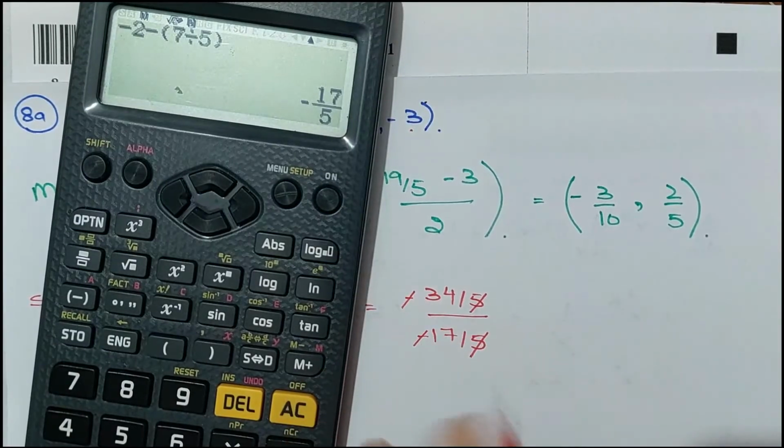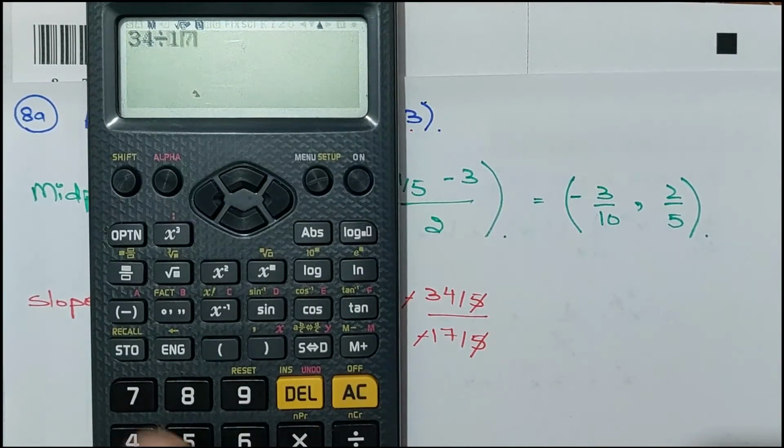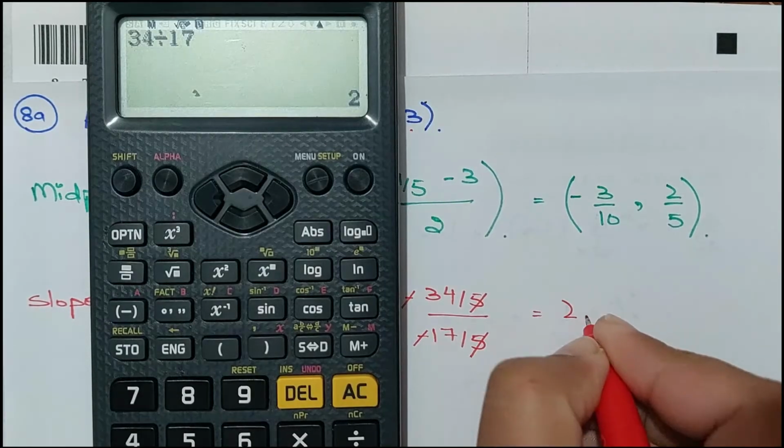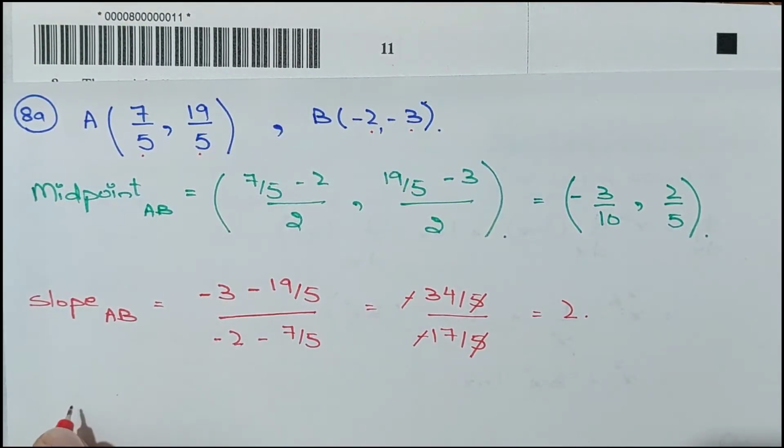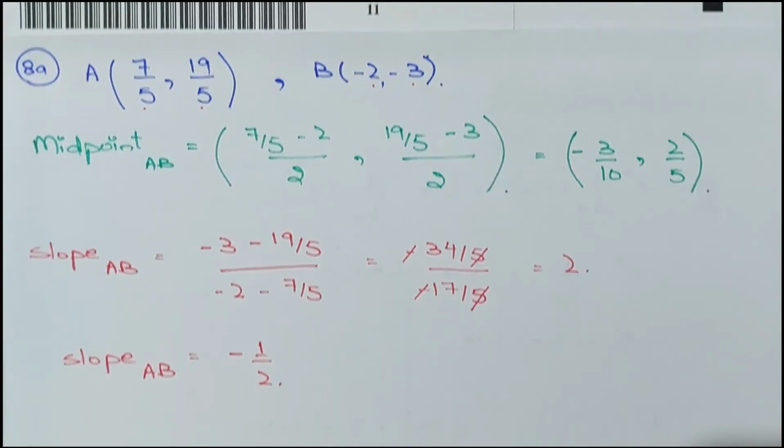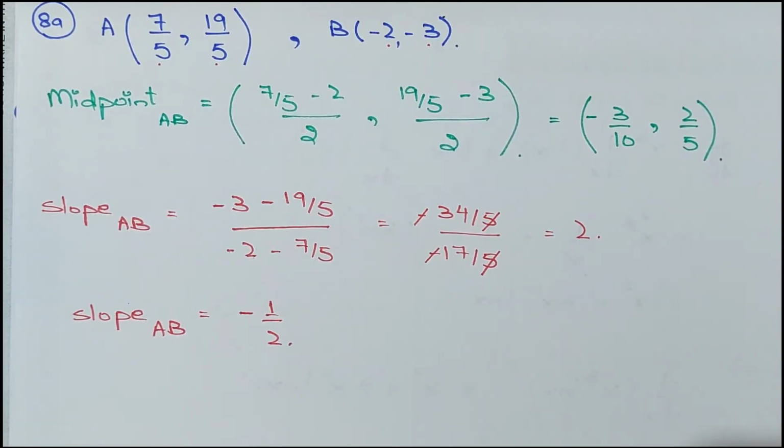The 5 is cancelled, the minus is cancelled, 34 over 17 is 2. 2 is the slope of AB. Now the slope of the perpendicular bisector of AB is the negative reciprocal. The slope of a perpendicular line is always the negative reciprocal, so the negative reciprocal of 2 is -1 by 2.